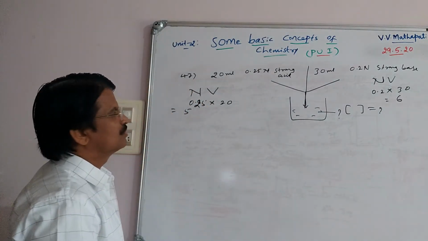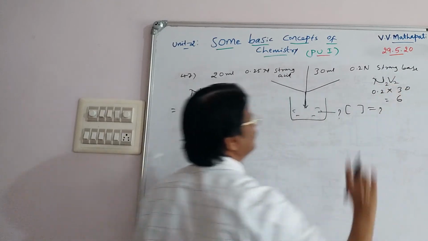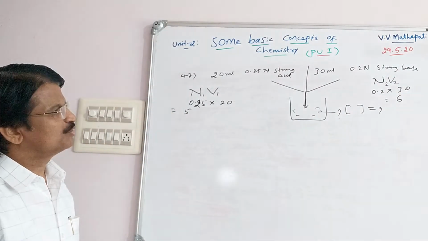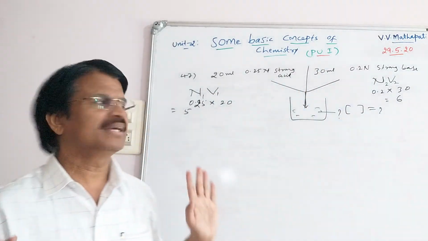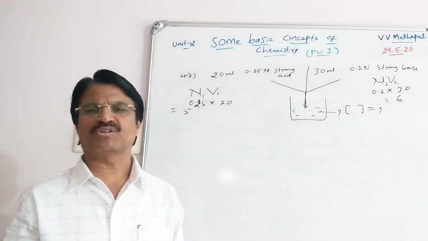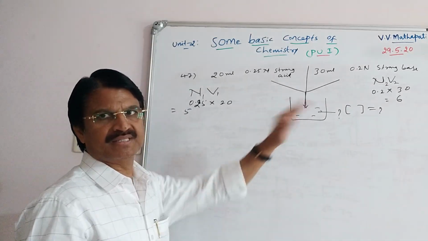Let it be N1 V1 and N2 V2. So which value is more? Both are strong here, like NaOH and HCl, both are strong. Then which ion is more, whether base or acid?